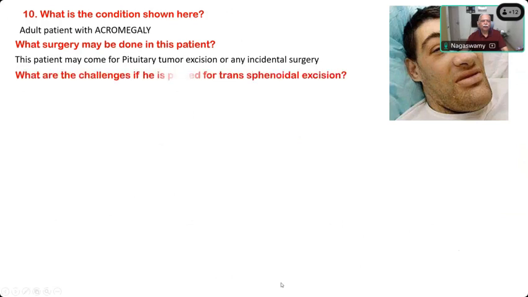So, what are the challenges if he is posted for transsphenoidal excision of the pituitary tumor? Difficult airway, very good.